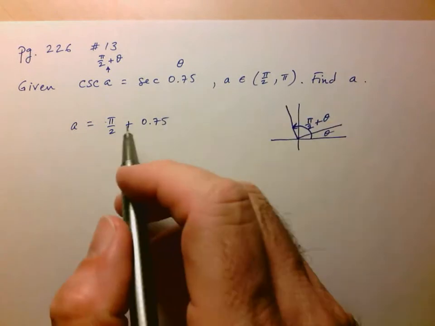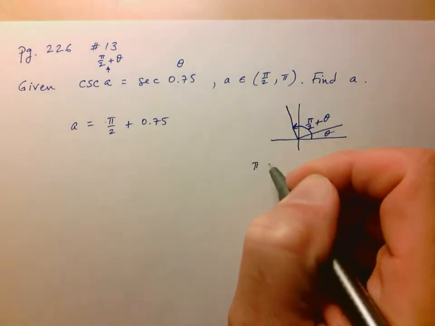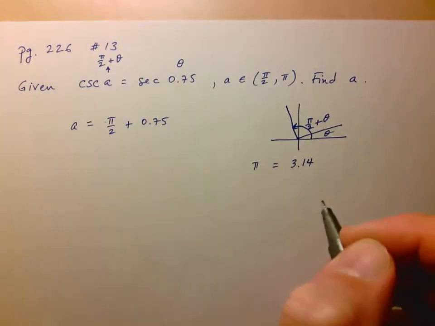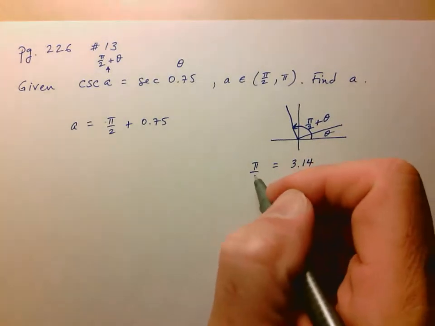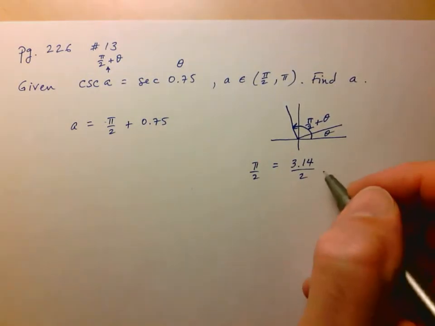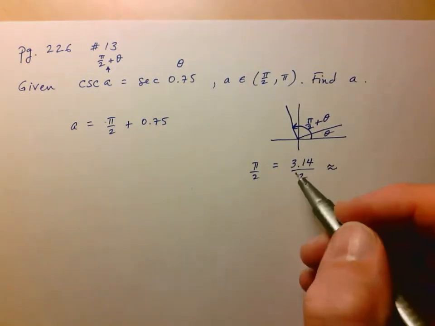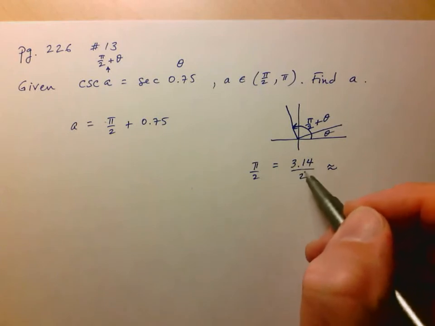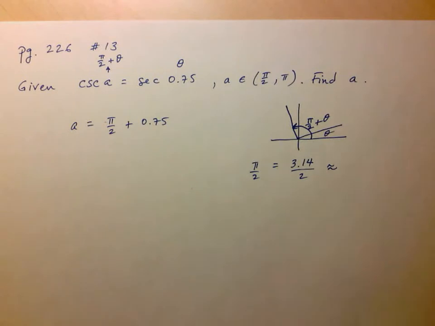Okay, so what I'm going to do is I'm going to try to do this without the calculator. But it's not too bad, because I know that pi is equal to 3.14 more or less. Okay, and so pi over 2 is just going to be 3.14 divided by 2. And that's approximately equal to, so half of 3 is 1.5, and half of 0.14 is 0.07.